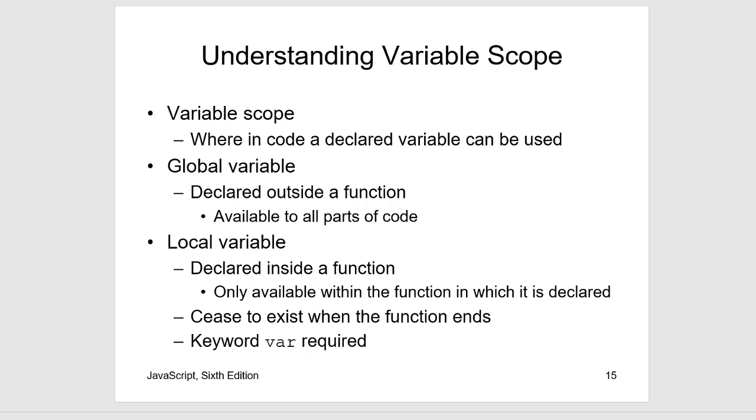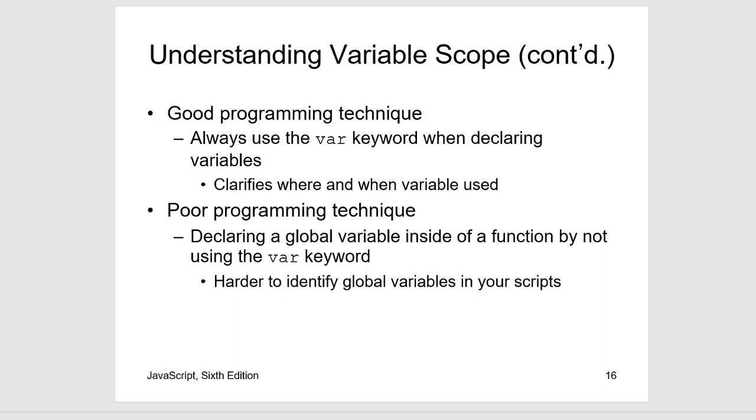Global variables are declared outside of a function and they're available anywhere. The problem with that is that it can be a memory sink, and it also leaves data more vulnerable. Good programming techniques use the var keyword when declaring variables, and it clarifies where and when the variable is used.